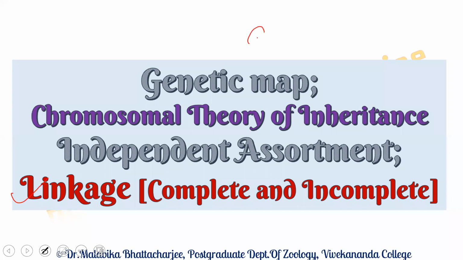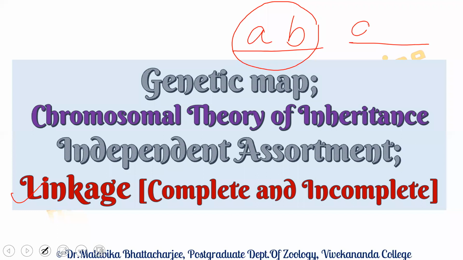Remember, when we are talking about two alleles present in the same chromosome, you have to consider that the two genes may go together, that is, there might be some amount of linkage existing between them, or there might be no linkage between them.